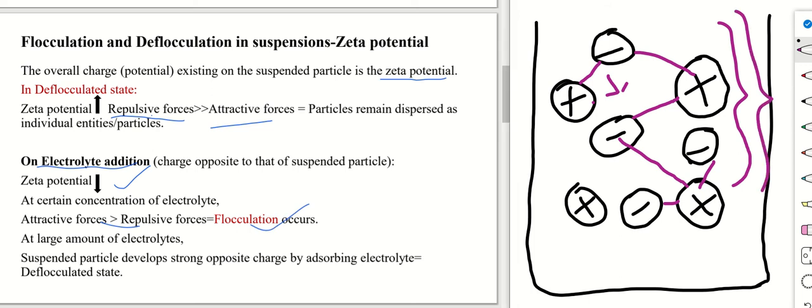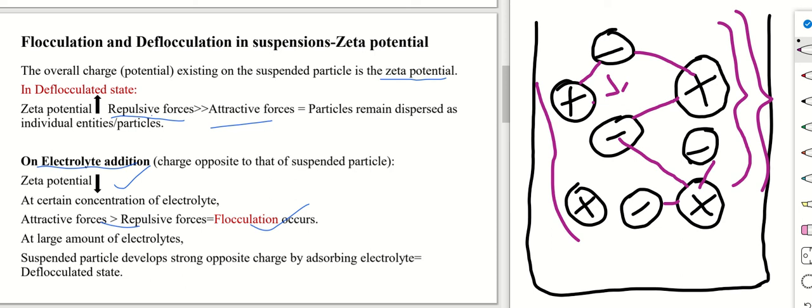Now, what if we increase the quantity of electrolytes? At an optimum concentration of electrolytes or oppositely charged particles, this solution will undergo flocculation. But what if the concentration of electrolytes exceeds?